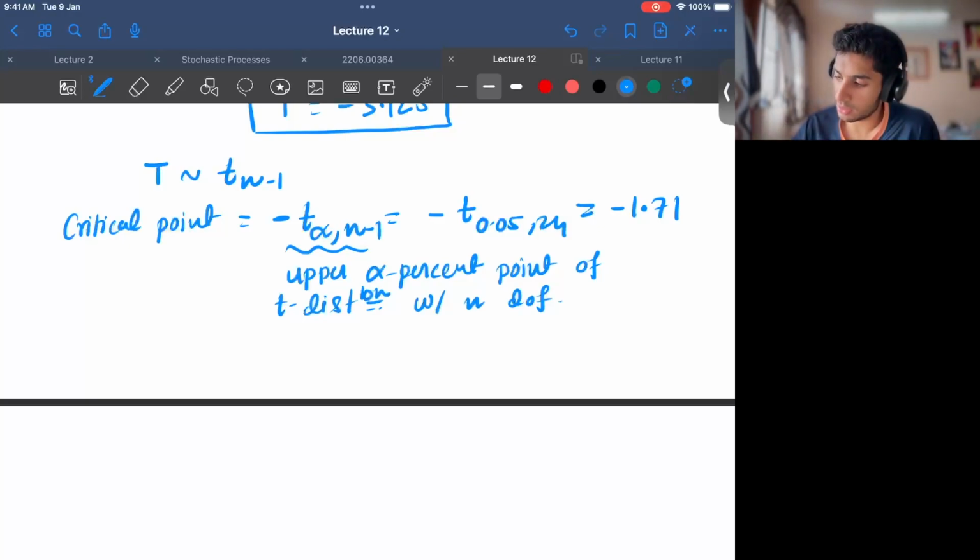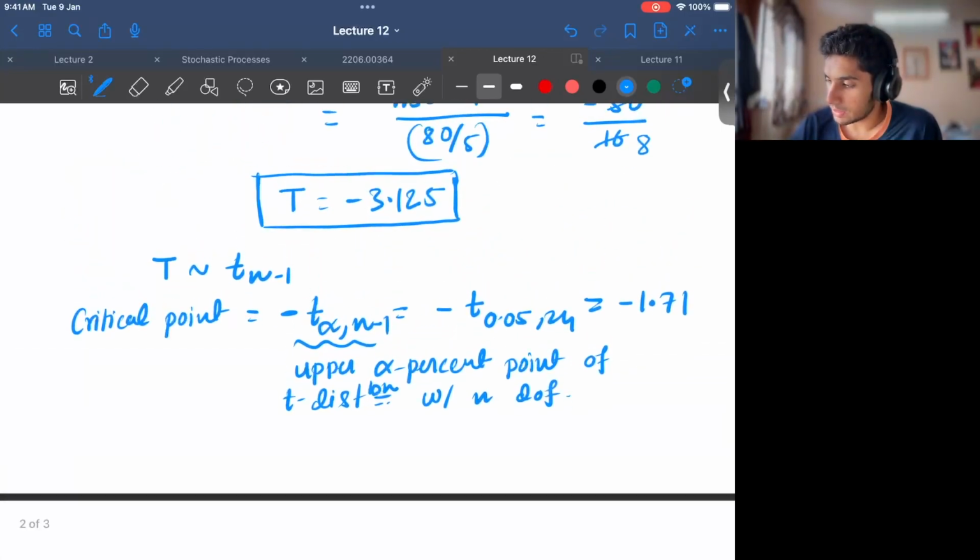This will be n minus 1, so 25 minus 1. So this is your critical point.